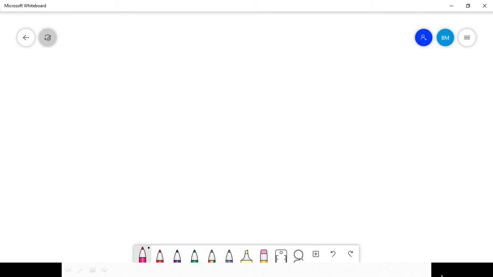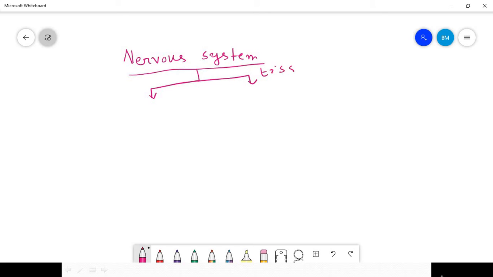The nervous tissue or nervous system is divisible into two tissues. One is neurons and second one is glial cells.